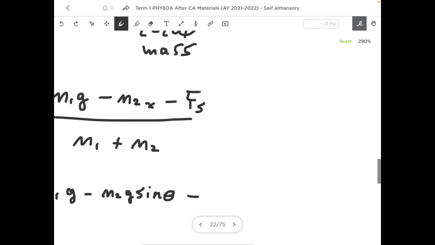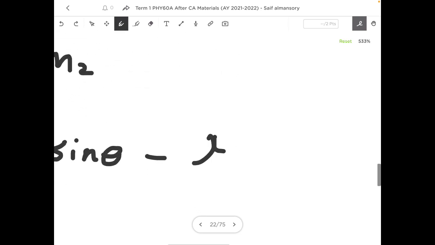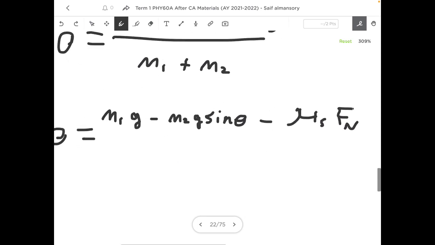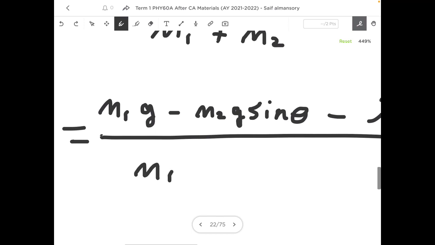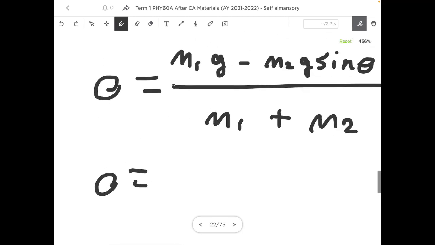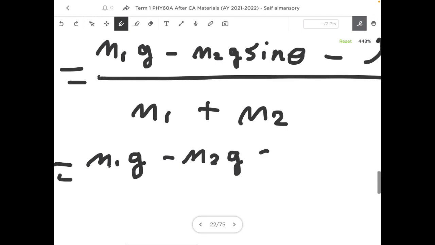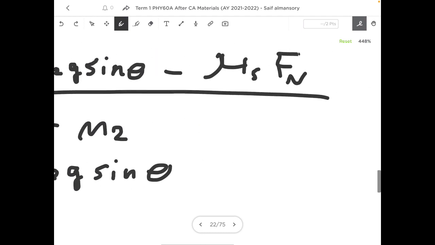Minus the equation for the F static, which is mu static multiplied by the normal force, over m1 plus m2. Now let's expand it more. 0 equals m1g minus m2g sine theta minus static coefficient times F normal.